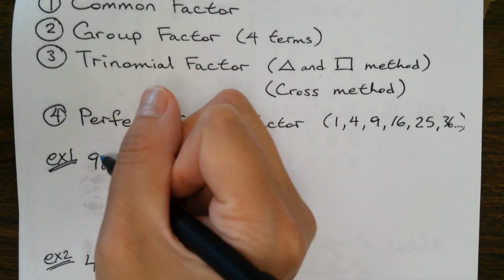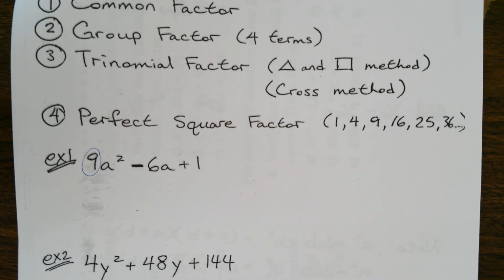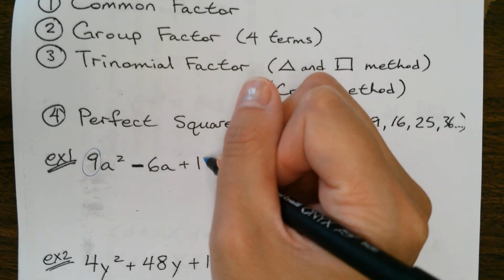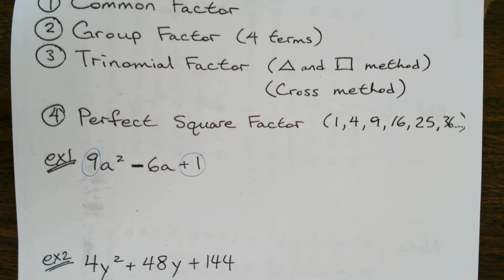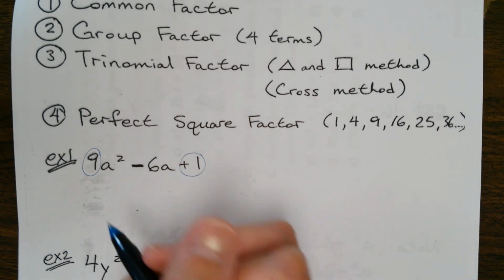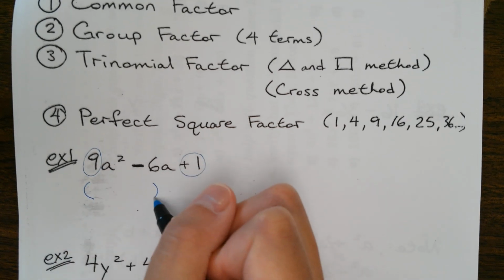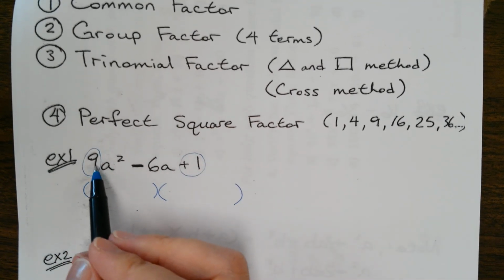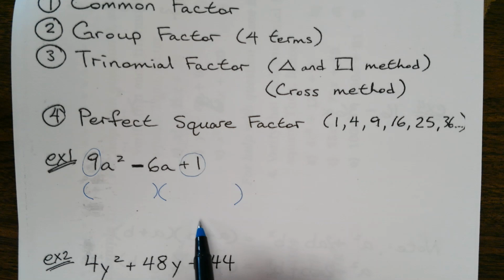So my coefficient for a right here is a 9, and the constant here is a 1. Are these both perfect square numbers? Yep. All right, so if both are perfect square numbers, I can do this. Just like yesterday, we could do the cross method.